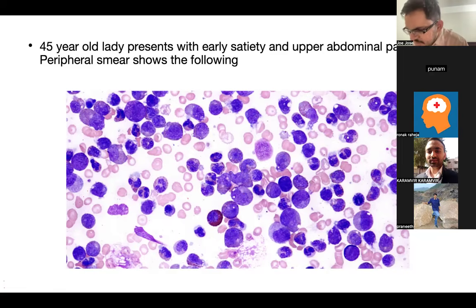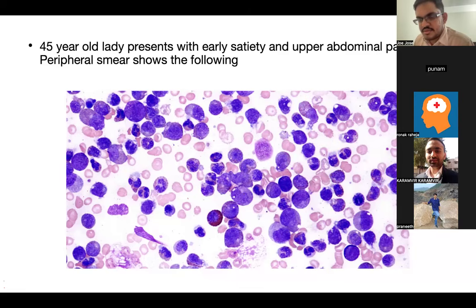So how will you further work up this case? First we'll do CBC and peripheral smear, and then we'll do bone marrow for cytogenetics, because from peripheral blood we won't be able to do FISH cytogenetics as the blast percentage may be low.